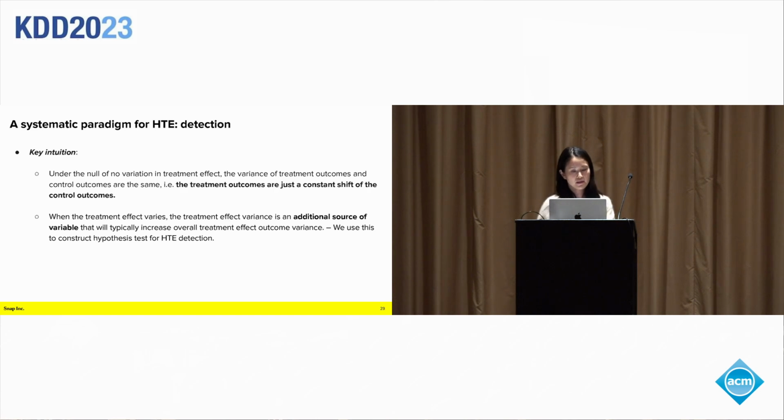In other words, the treatment outcomes should be just a constant shift of the control outcomes. So when the treatment effect varies, then we know the treatment effect variance is an additional source of variability that will typically increase the overall treatment outcome variance. And we use this to construct the hypothesis test for HTE detection.